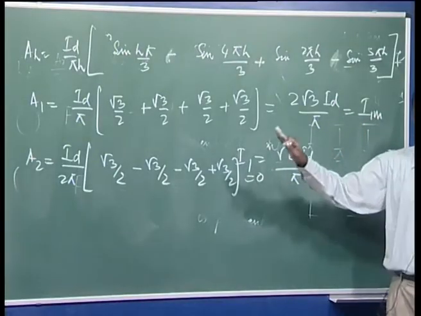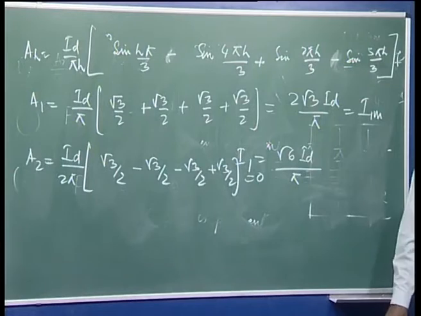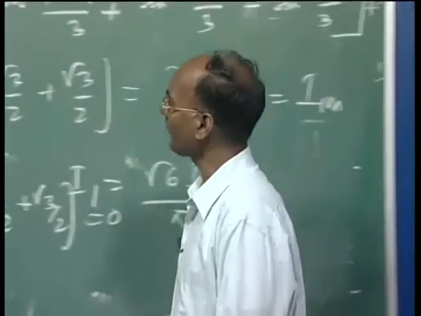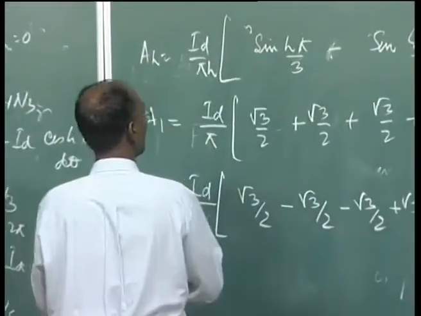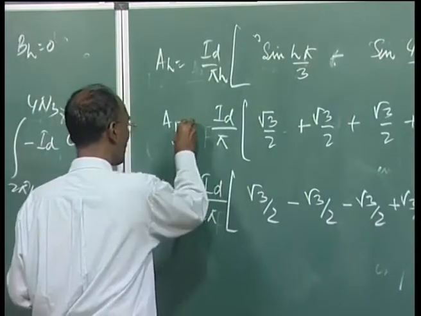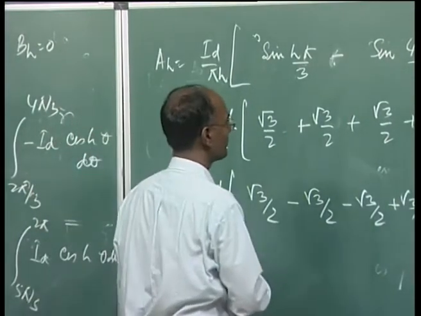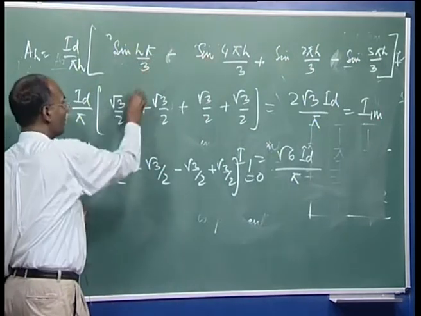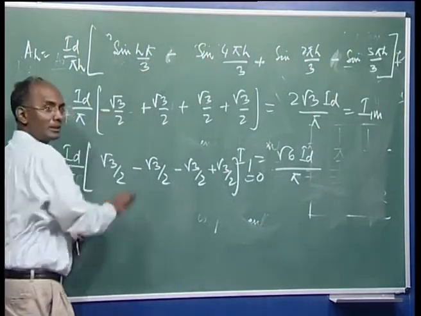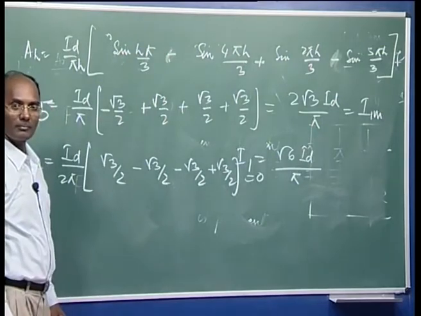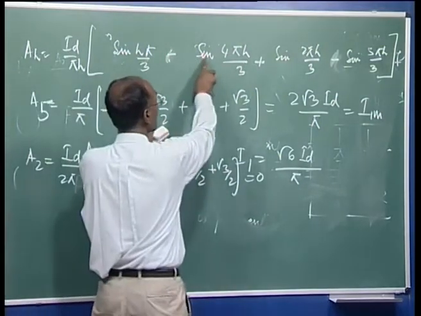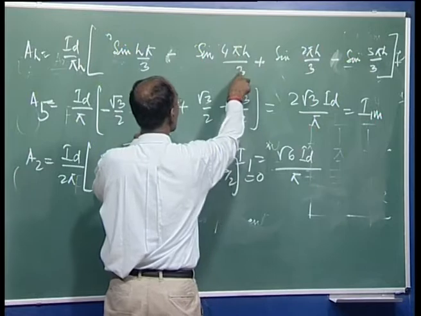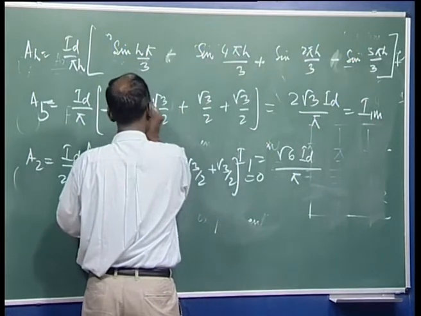We can also see A3 will be 0, A4 will be 0, A5 will not be 0. And once you go for A5, here I can say it is your A5. This is 5 pi by 3, and this value will be minus 3 by 2. This value here, the 5 is 20 pi by 3, it will be minus here.